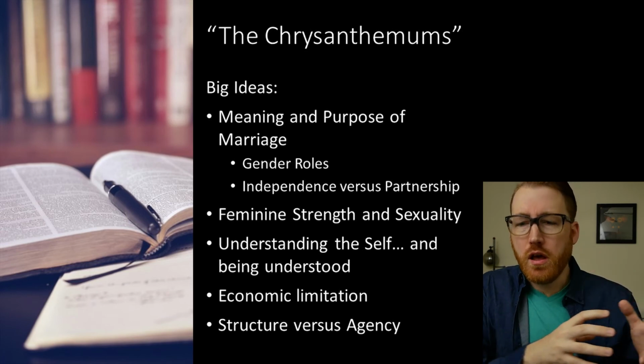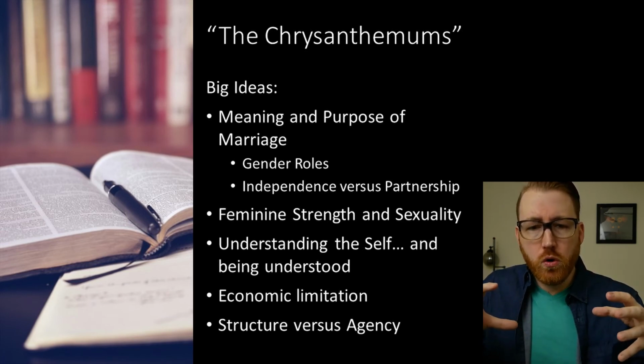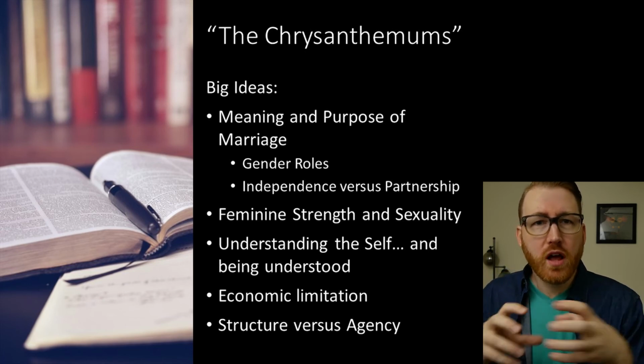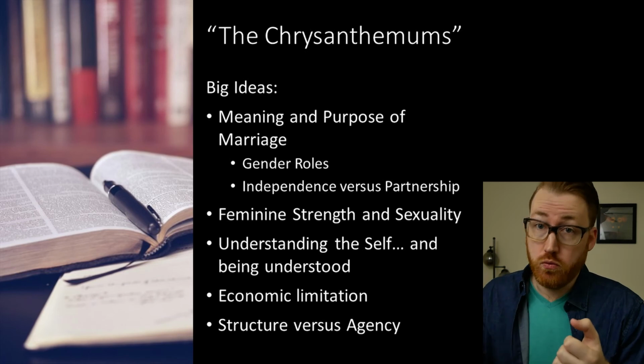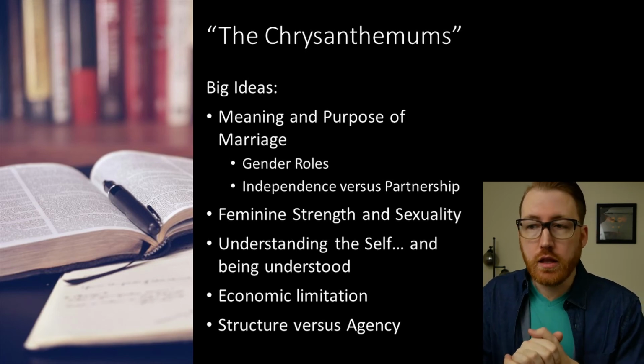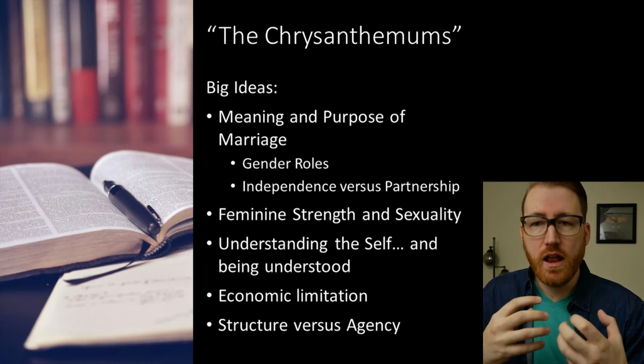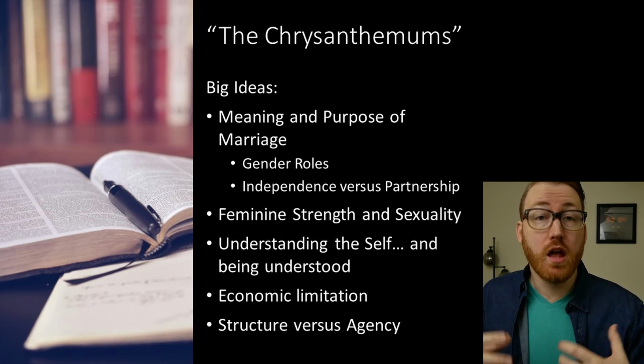But on the other end, if that structure is so constrictive, so oppressive, that it begins to limit that real need for personal identity, you can start to see that relationship become unhealthy.